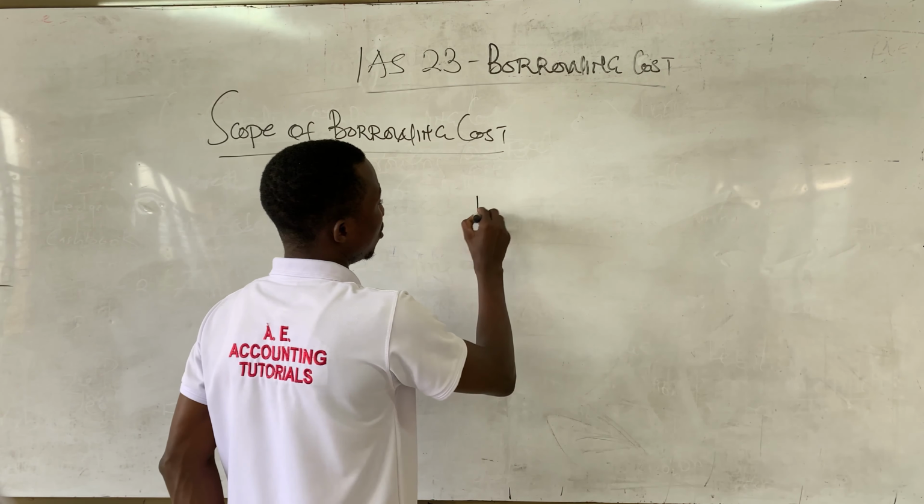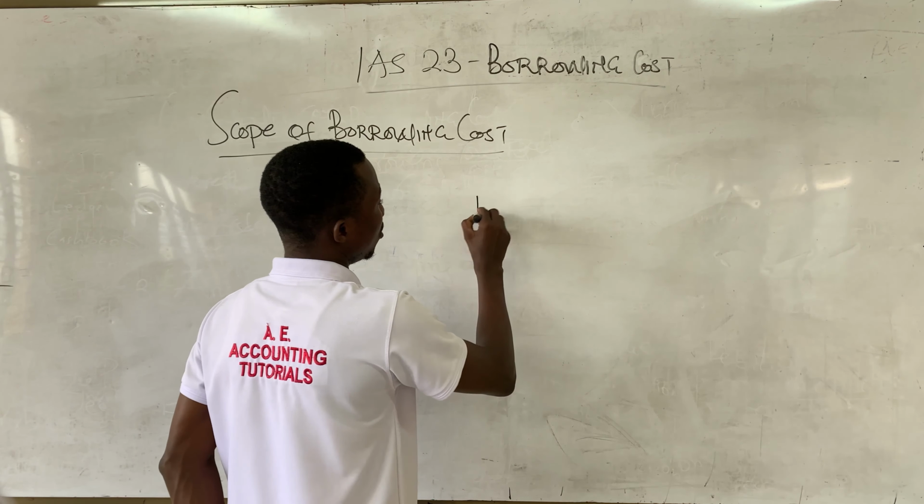So if a business decides to raise money to finance its project, that may be an acquisition of an asset or construction of a building. When this happens through loans, bonds, or debentures, the finance cost associated with this fund can be considered a borrowing cost. Is that okay? And hence be capitalized.